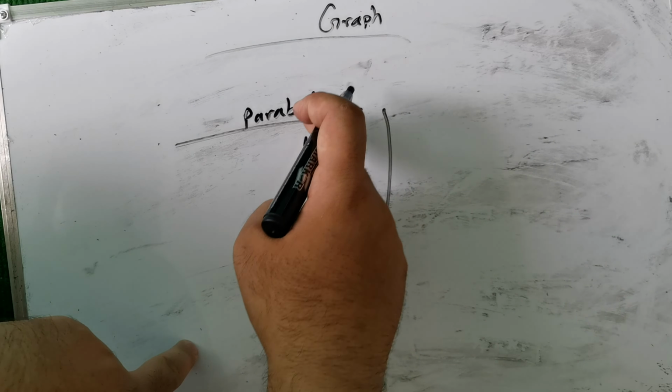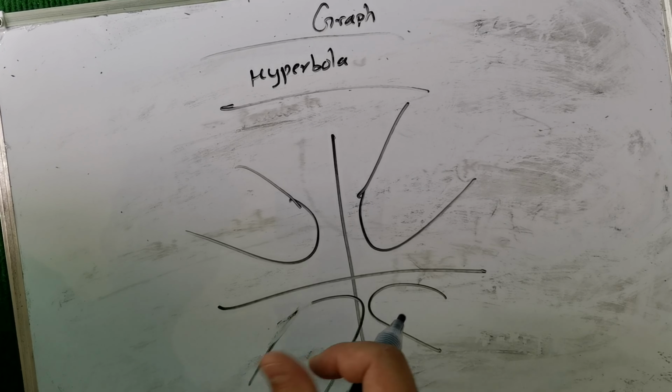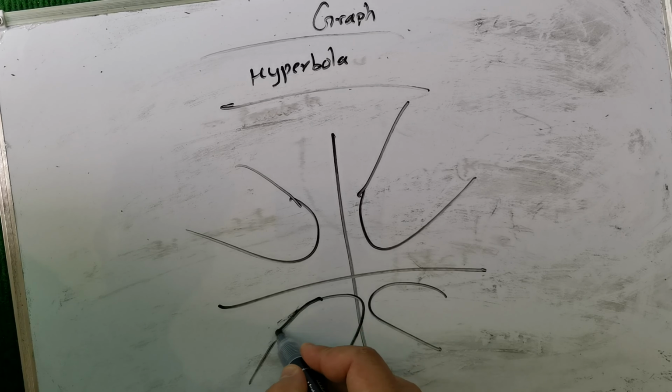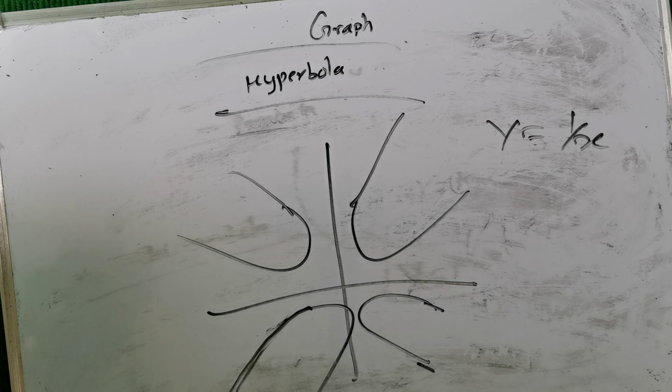What is hyperbola? Hyperbola is like this. When this type of graph comes in your exam, it is known as hyperbola. The equation of hyperbola is y is equal to 1 by x. If the value of x increases, y decreases.